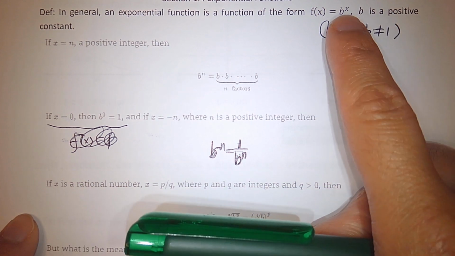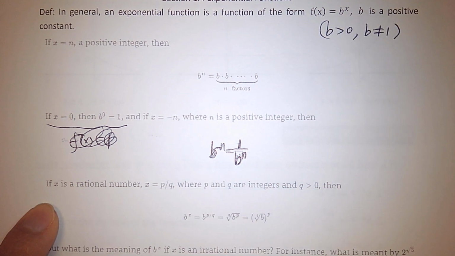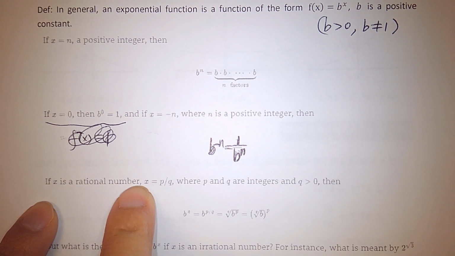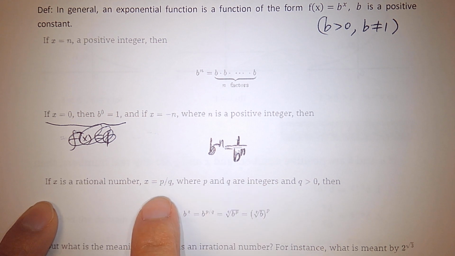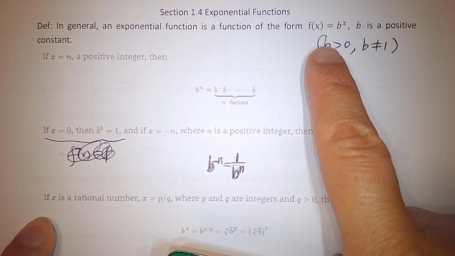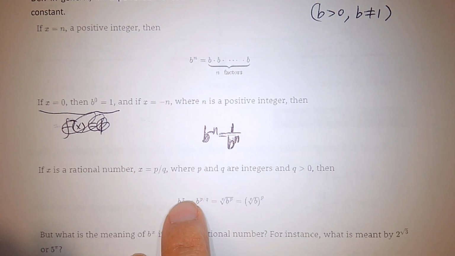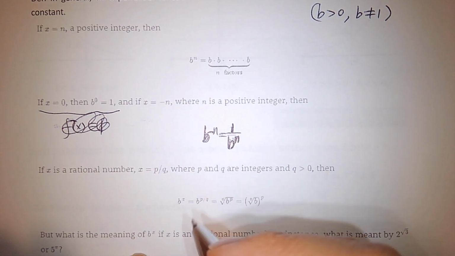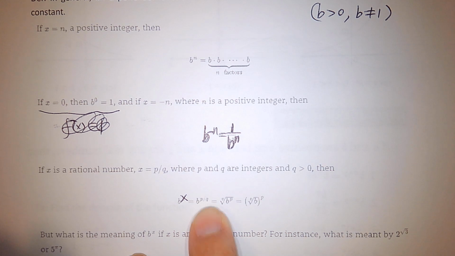Alright, how about if x is not an integer? So x could be a rational number, p over q, where p and q are both integers. So p over q gives us a rational number, and then our exponential function becomes b to the x, where x equals p over q.